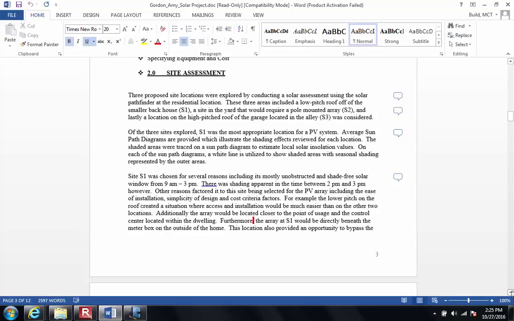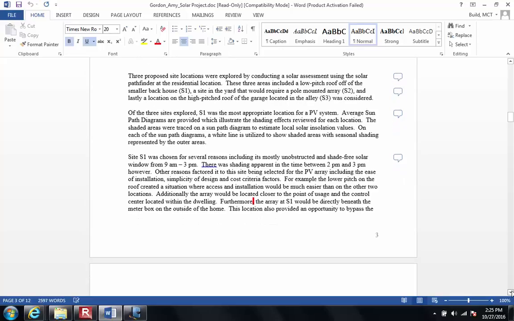Let's see. Site 1 has a mostly unobstructed, shade-free solar window from 9 a.m. to 3 p.m. during the prime time. Shading is apparent in the time between 2 and 3 p.m. Let's see, the other reasons were ease of installation, simplicity of design and cost criteria, the lower pitch obviously making it easier, and the array is closer to the point of use, so it cuts down on the wiring.